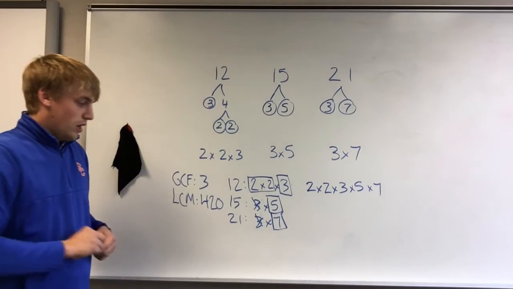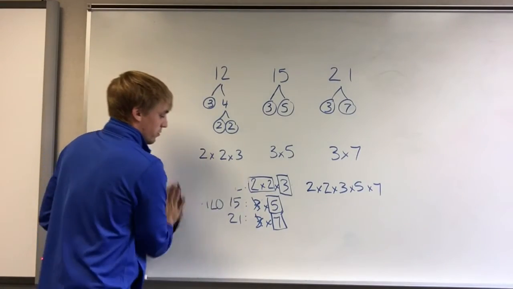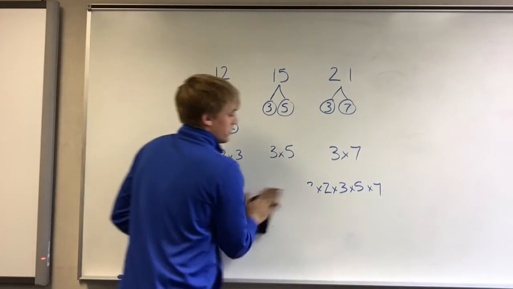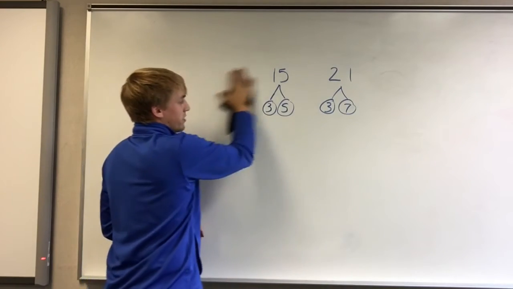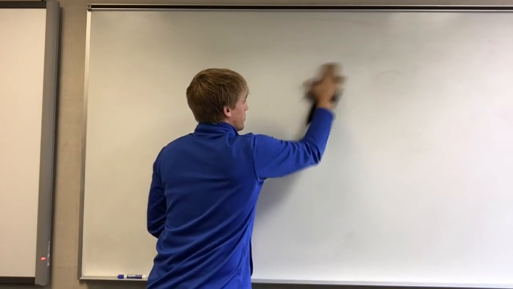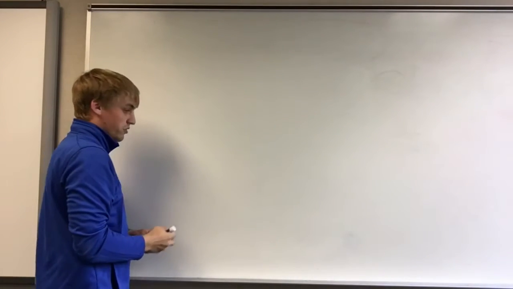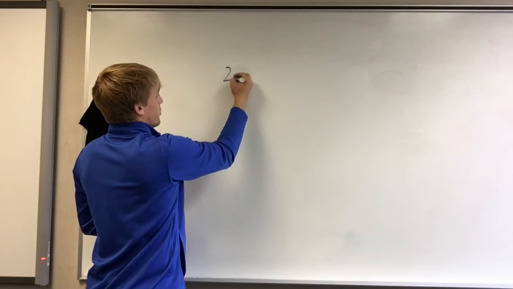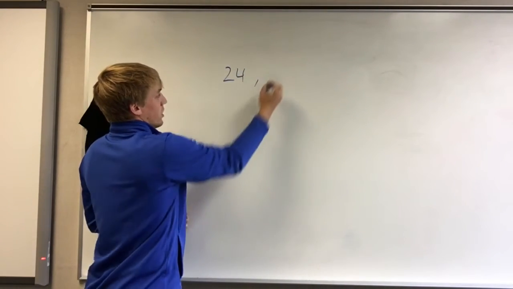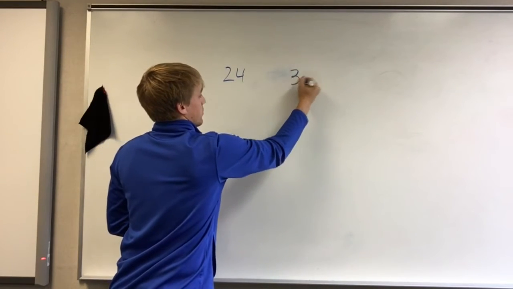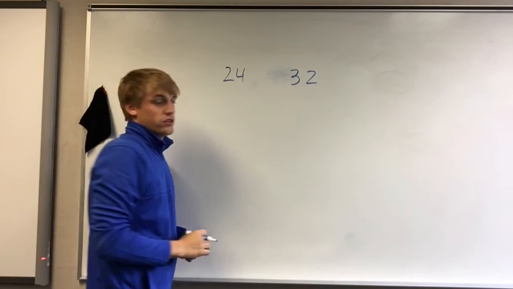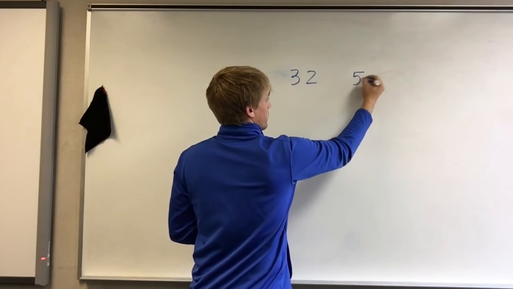Okay? I'm going to go through another example with three numbers on how to use prime factorization to find the greatest common factor and least common multiple. Okay, let's use 24, 32, and let's go with 50.